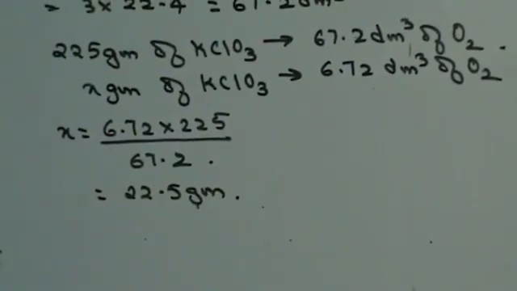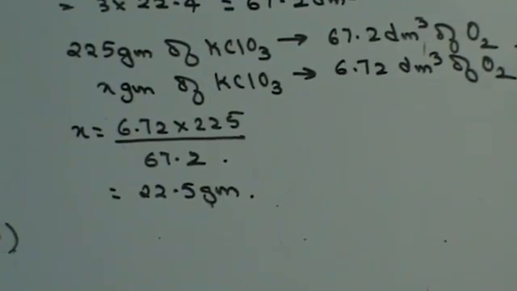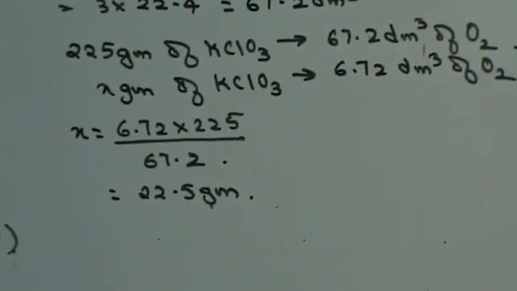So 22.5 grams of potassium chlorate will liberate the requisite oxygen. Next one, please.